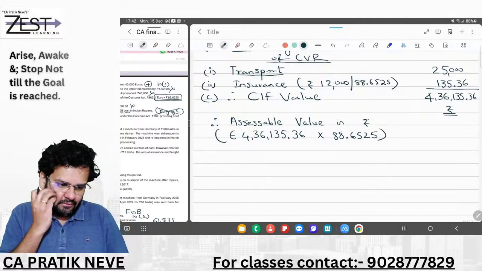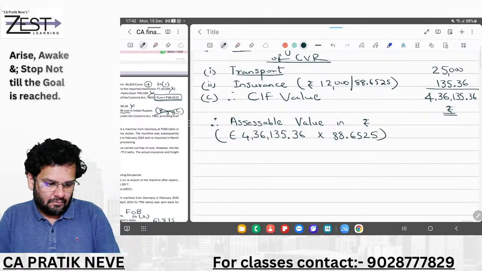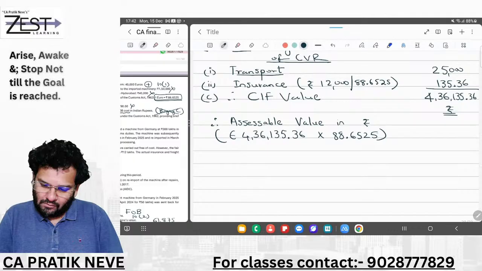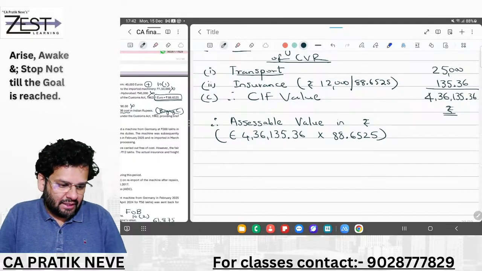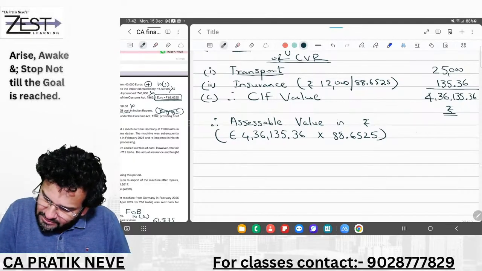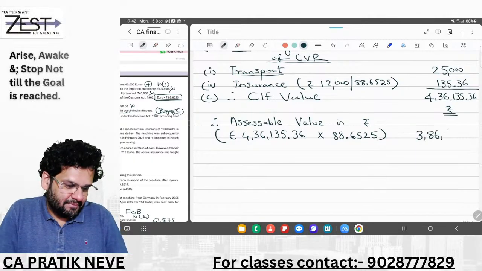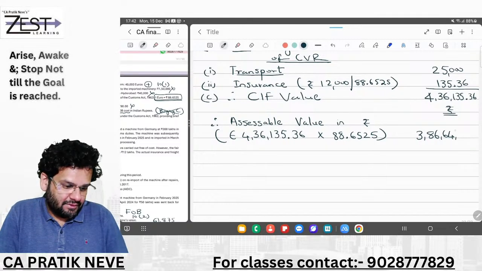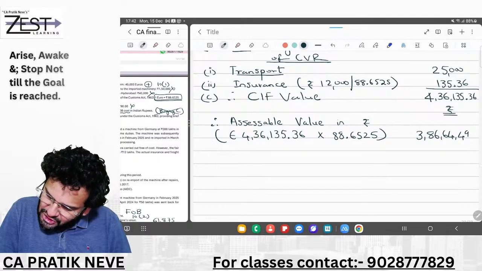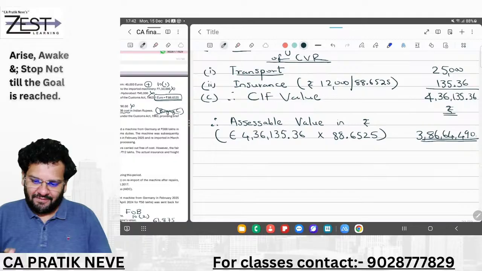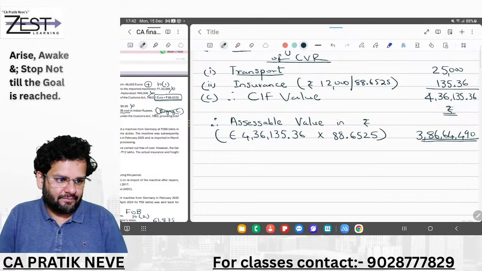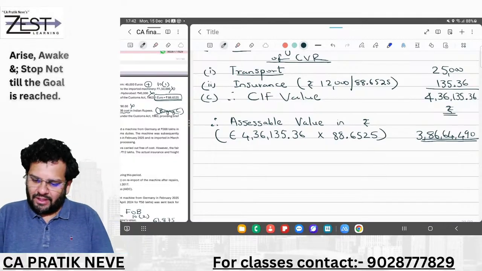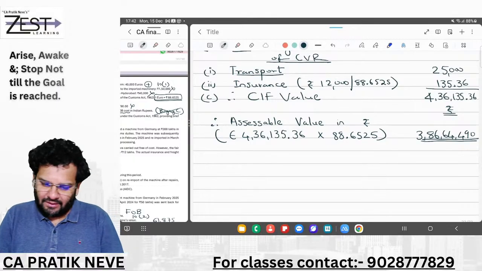Please calculate. Are we getting 3 crore 86 lakh 64,490? Check. This is your final answer. Are you getting that? 3 crore 86 lakh 64,490.